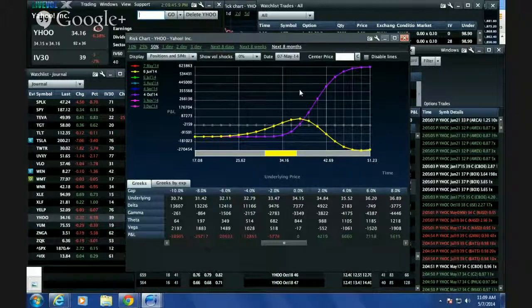And I thought it was interesting because this trade is unique in terms of how to take advantage, right?